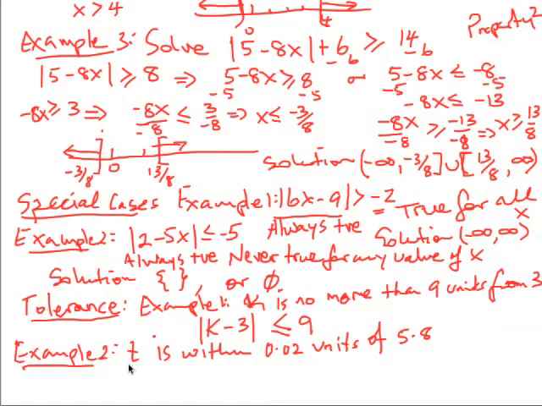So what are we measuring to be within? Well, the difference between T and 5.8, that difference must be less than, it's within, not equal to, but within 0.02. And that's how we write this particular statement as an absolute value.